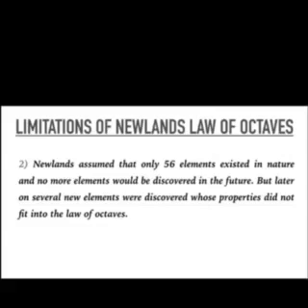Later, new elements were discovered, and these elements were not able to fit in Newlands' table. So the second limitation: Newlands assumed that only 56 elements existed in nature and no more would be discovered, but later several new elements were discovered whose properties did not fit into the law of octaves.